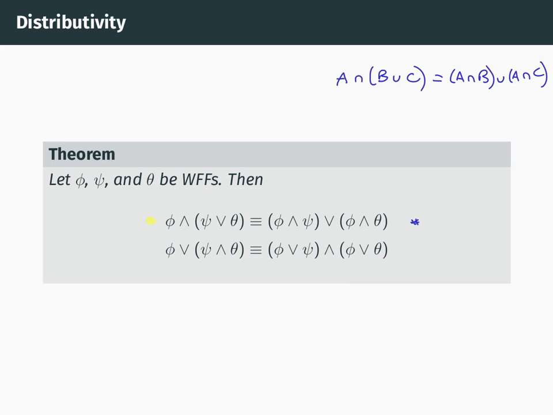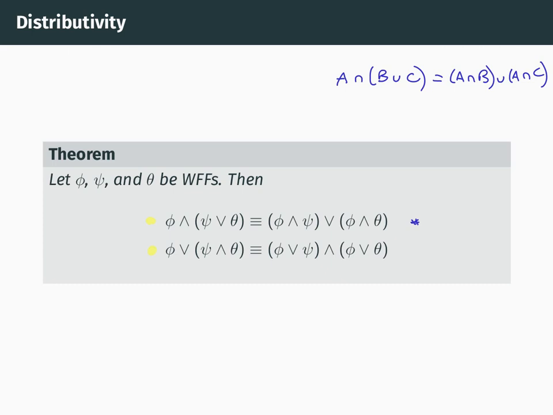And similarly, there's a logical equivalence with the ors and the ands swapped over. Phi or (psi and theta) is logically equivalent to (phi or psi) and (phi or theta). And that looks just like the other distributivity law which we proved for sets.